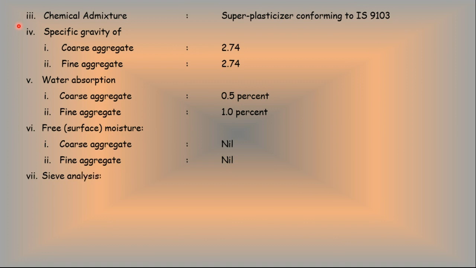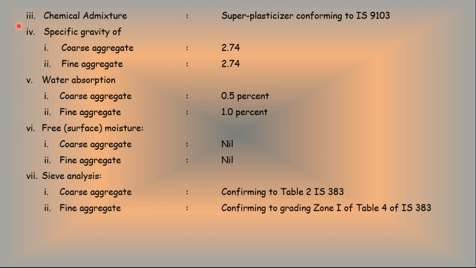Sieve analysis results: coarse aggregate conforming to Table 2 of IS 383, fine aggregate conforming to grading zone 1 of Table 4 of IS 383. Let's begin with the solution for the mix design of M40 grade.